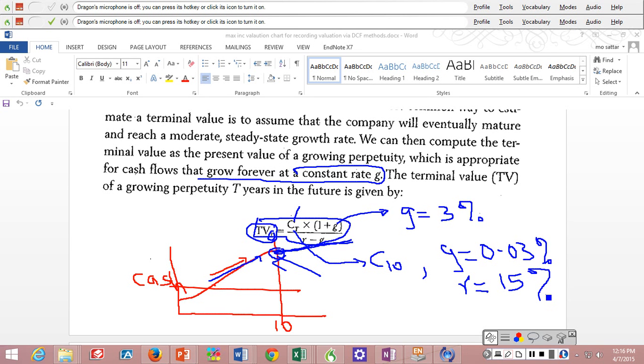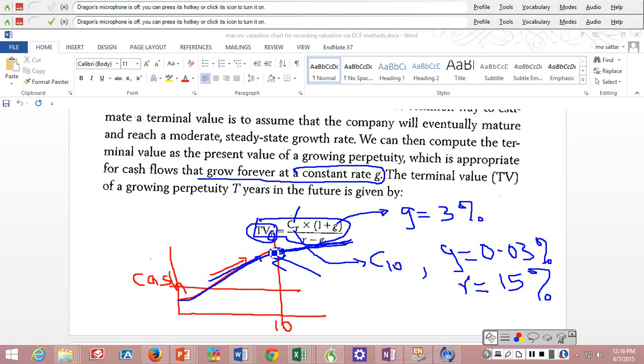So before I go to the next slide, the punchline over here is this: over time, the cash flow of the business grew at a much faster pace because it's a growth business. After a while, obviously, it is slowing down.